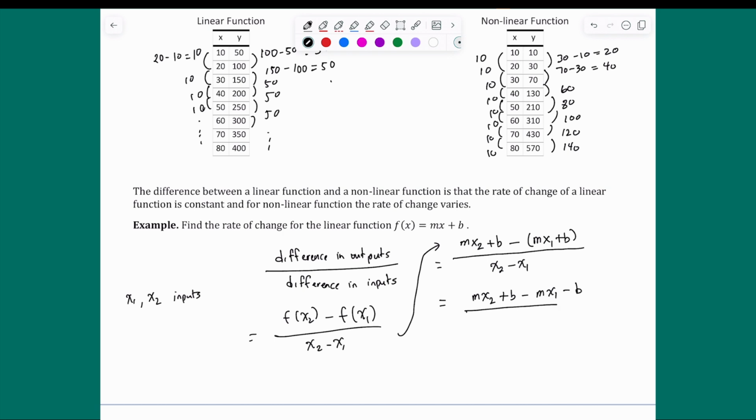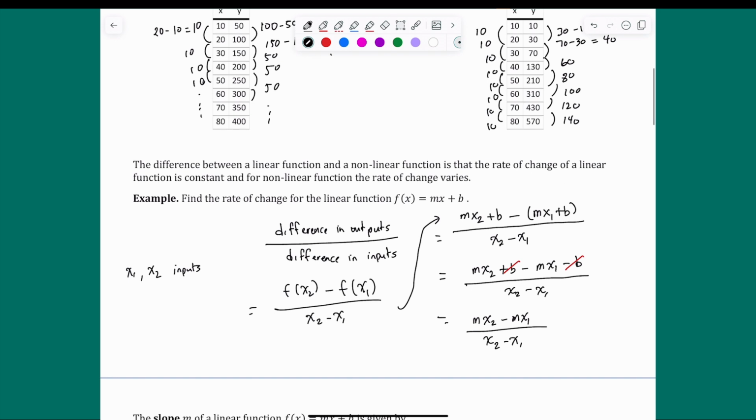Okay, and we have some like terms. If you notice there, the b's are going to cancel, and we're left with mx2 minus mx1 over x2 minus x1. Notice that the numerator has an m in common with both of those terms, so we're going to factor that out.